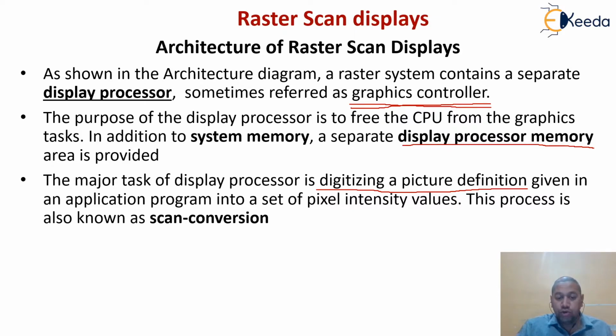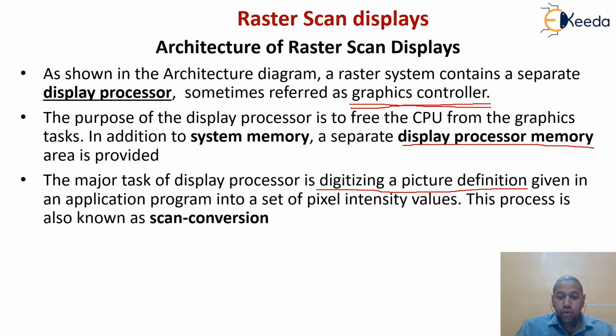Once it is in the form of a picture definition, it is stored in the frame buffer, read by the video controller, and sent to the monitor. The video controller cannot read directly from the application program or graphics package, so in between we have the display processor.